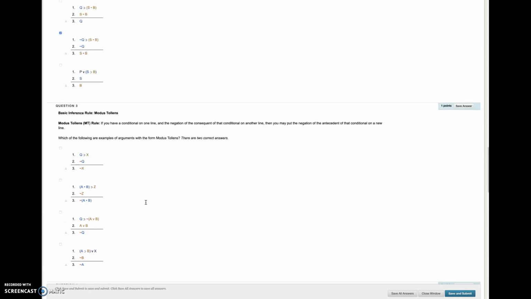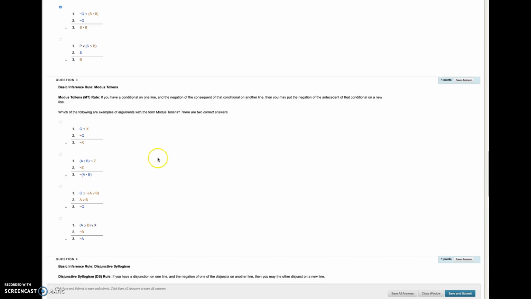How about modus tollens? The rule says if you have a conditional on a line, and the negation of the consequent on a different line, then you may put the negation of the antecedent on a new line. So let's see which of these fit that pattern.